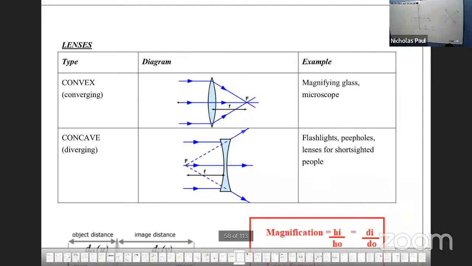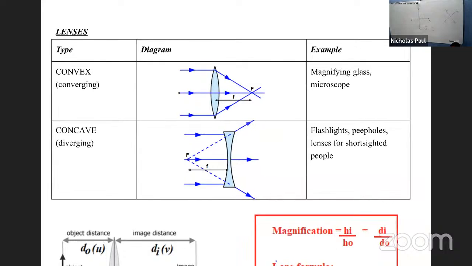Ready? All right, so if you look here, we have two types of lenses, right? For those of you with glasses, you have a particular type of lens. The two types of lens are a convex lens or a concave lens. When rays come to your lens, the lens in blue, your lens will do one of two things.